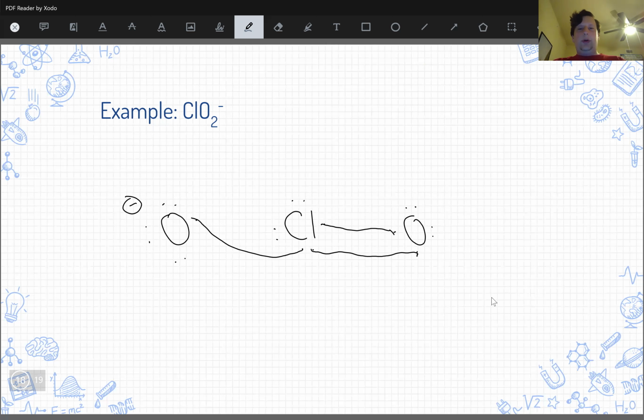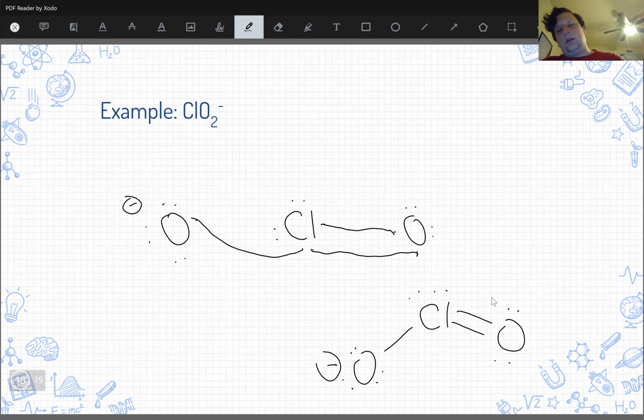And so we're given that chlorine still has 2 pairs of electrons, but it's double bonded to 1 oxygen, and then it is singly bonded to the other oxygen.